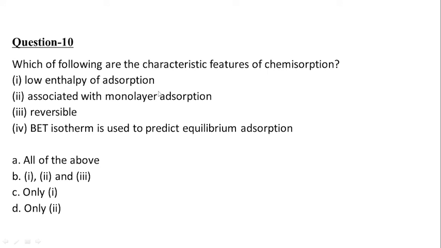Chemisorption has high enthalpy of adsorption, but here it is written chemisorption low enthalpy of adsorption. So 1 is incorrect. So option B, option C and option A are incorrect. So we know that option D will be the correct answer.